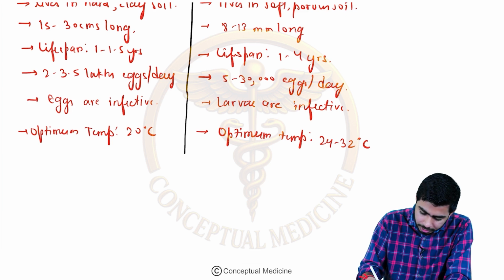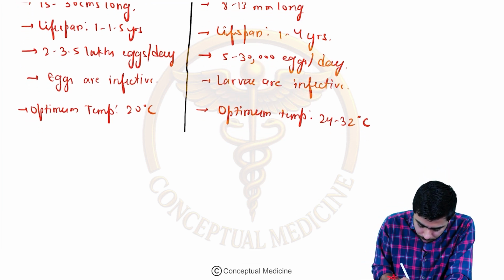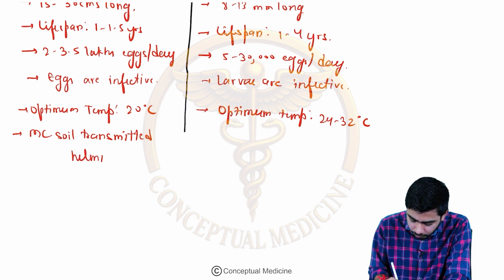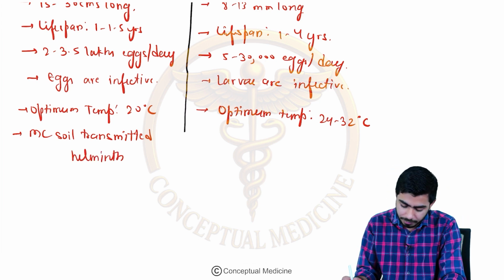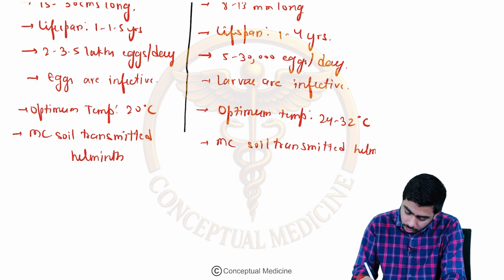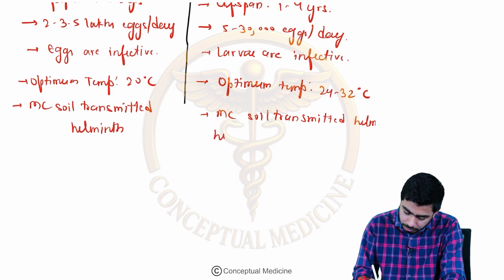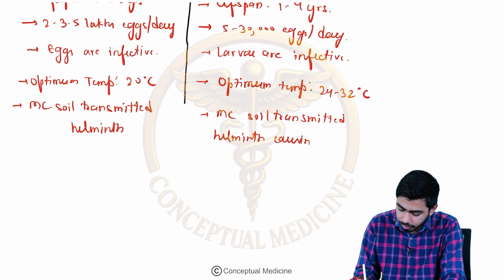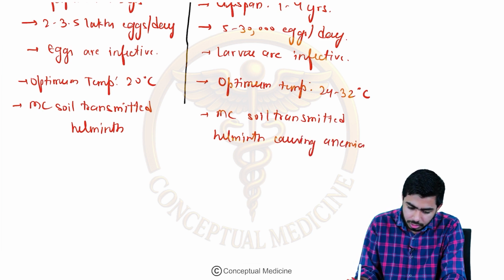And I told you that ascaris was the most common soil transmitted helminth, and hookworm is the most common soil transmitted helminth causing anemia, right? Remember, most common soil transmitted helminth causing anemia, that was our hookworm.